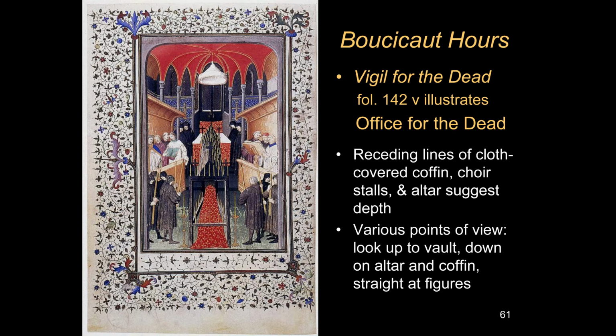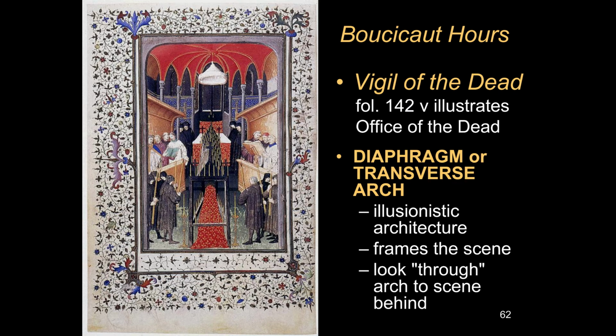You can look up into the vaulted ceiling, and you can look down on the floor and onto the coffin. And then you're looking sort of straight at the figures. So you have different points of view. But it's obvious that he's trying to show you an image in depth.